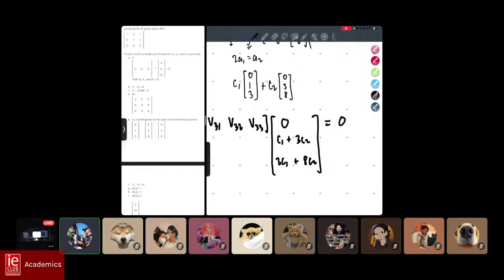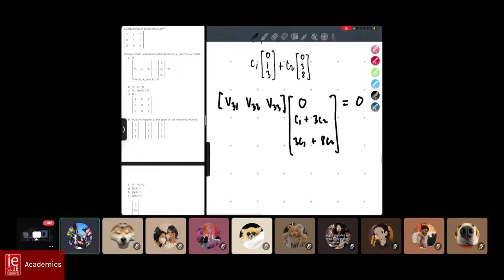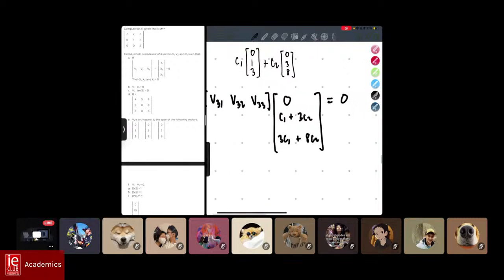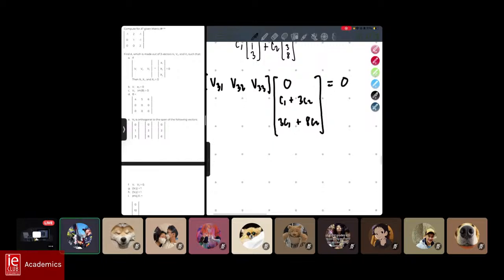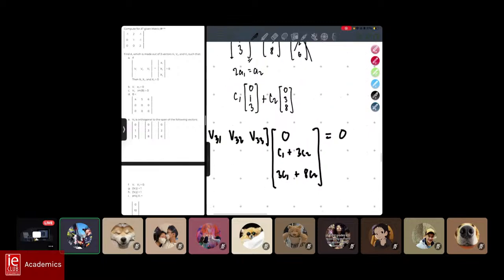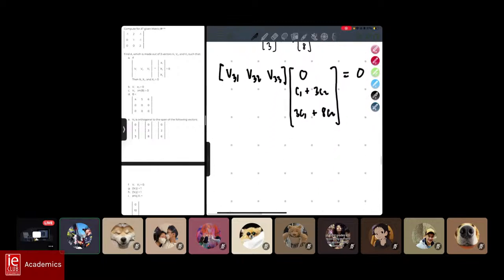So what this implies is, considering that we're talking about spanning the space, meaning most of the time, or in the overwhelming majority of the times, C1, C2 are not 0. So these are assumed to be non-zero for the sake of finding the solution.